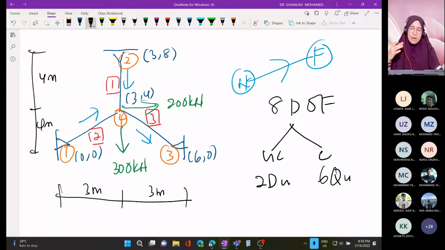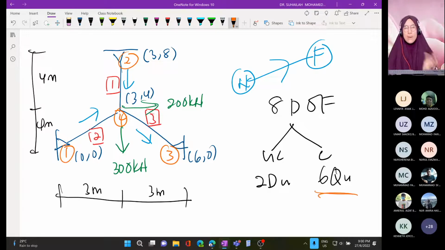So this 8 degrees of freedom, we have to separate between the unconstrained system and the constrained system. Constraint refers to support. By looking at the support, there are 3 pin supports. 3 pin supports mean there are 6 unknown reactions located in the constraint system.